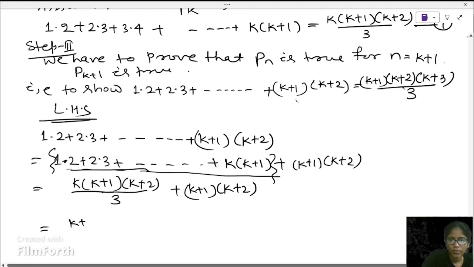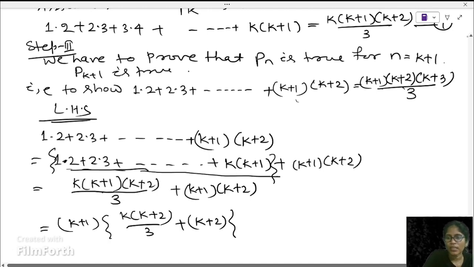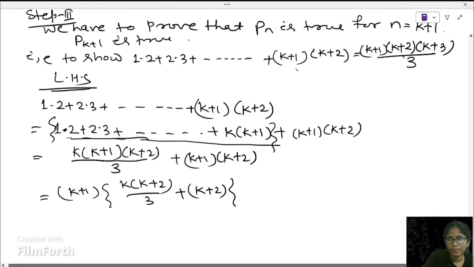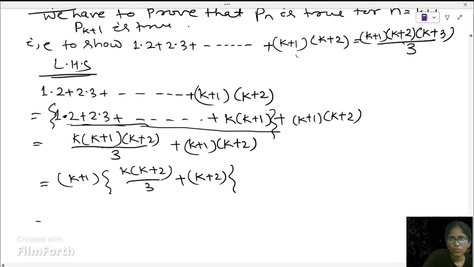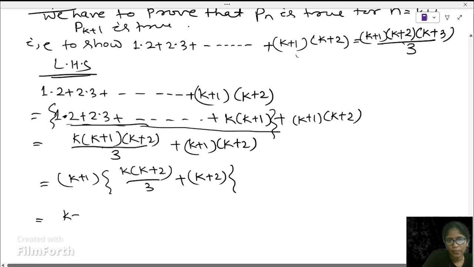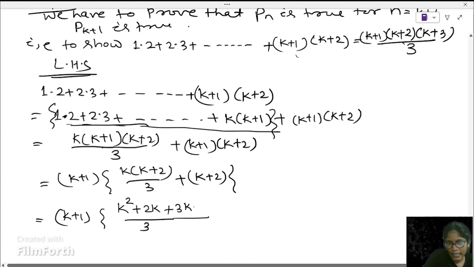Now taking k plus 1 as common, we get k plus 1 into k into k plus 2 by 3 plus k plus 2. Now simplifying this, k plus 1 into, taking 3 as LCM, k into k plus 2 which is k square plus 2k, plus 3 into k plus 2, 3k plus 6.